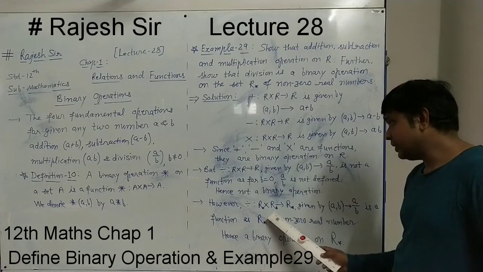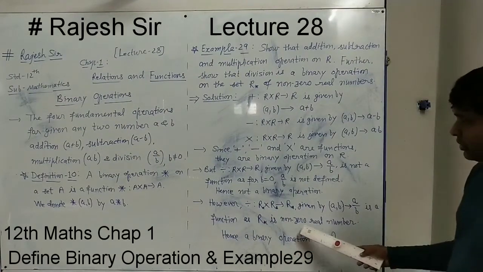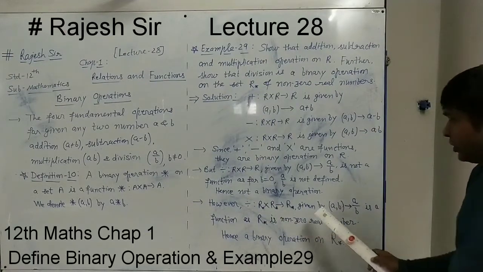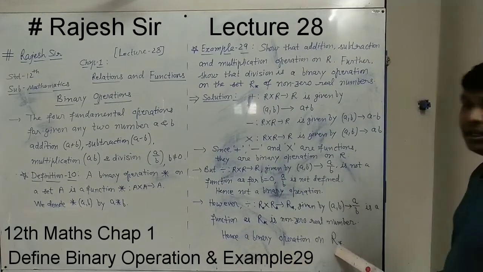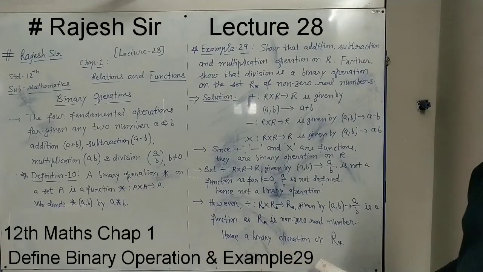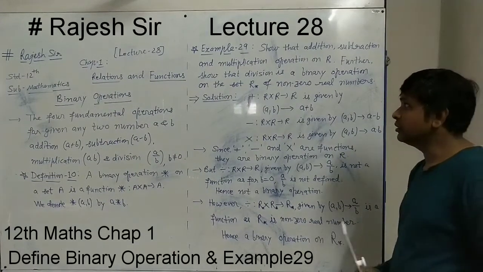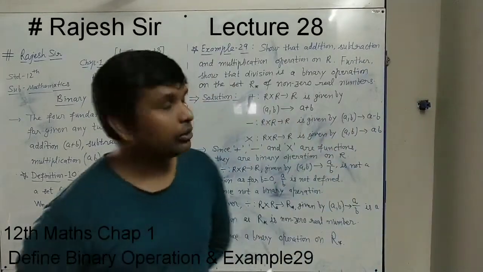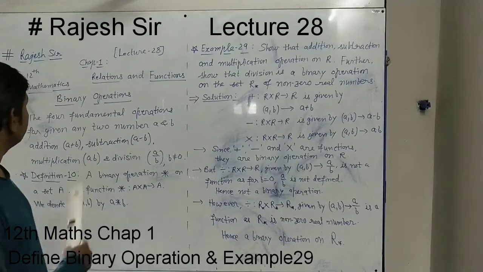Why is it a function here? Because R star is the non-zero real numbers and 0 is not there. So on R star division is a function, hence a binary operation on R star. So division is a binary operation on non-zero reals, not on R, because 0 comes in that. You see, after one or two times, you will understand this definition.